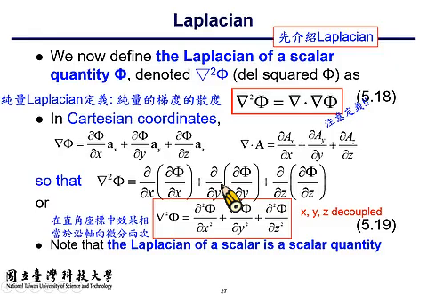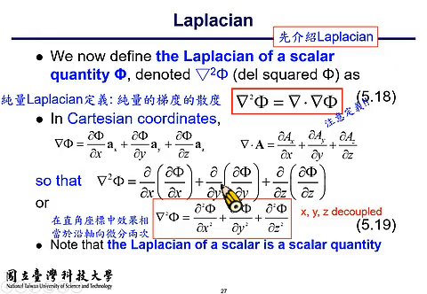And it ends up with a scalar or a vector? It's a scalar, right? Because in the red box, you see that Laplacian of a scalar is the dot product of two vectors. So you end up with a scalar. So the Laplacian of a scalar is a scalar. So here you have a scalar.